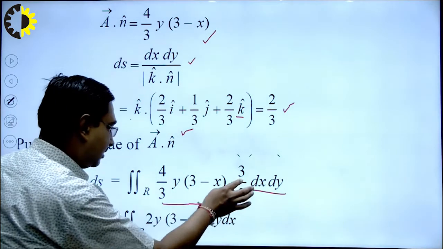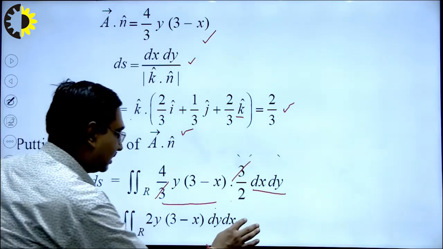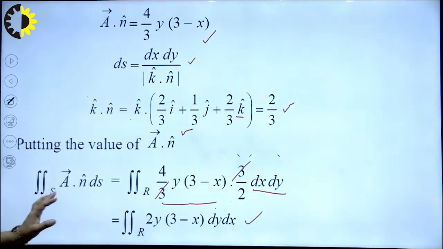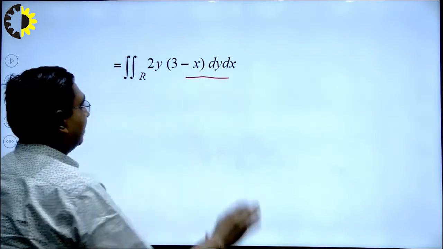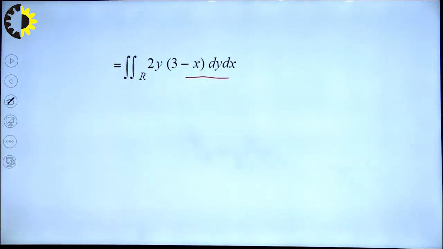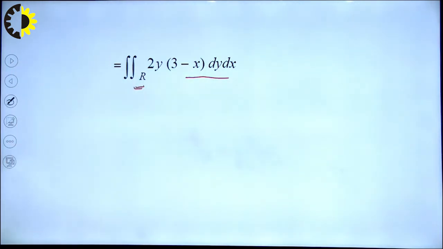Simplifying, this 3 and this 3 cancel out, and this term is left as the value of the integral over S a dot n ds. Now, this integral is a double integral on the xy plane, because I have replaced S by R, the projection of S on the xy plane, which is to be evaluated.